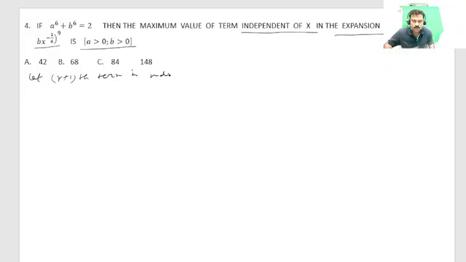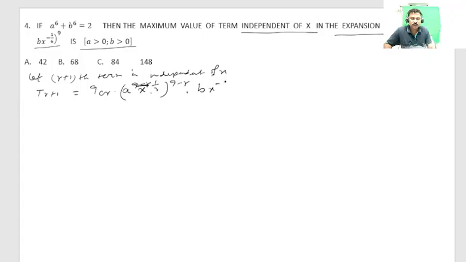So T r plus 1 equals to 9Cr (a x to the power 1/3) whole to the power 9 minus r into (b x to the power minus 1 by 6) whole to the power r.